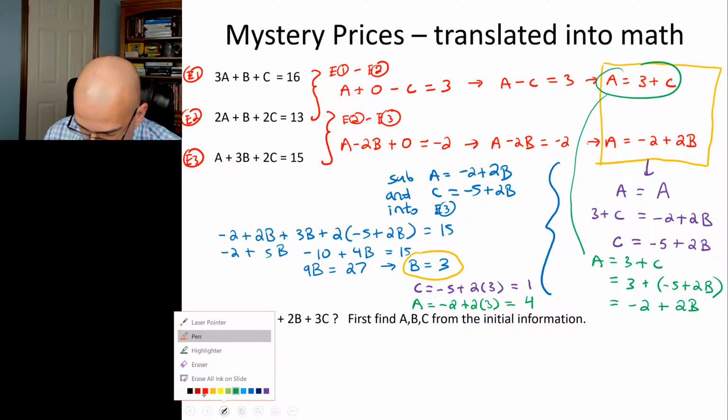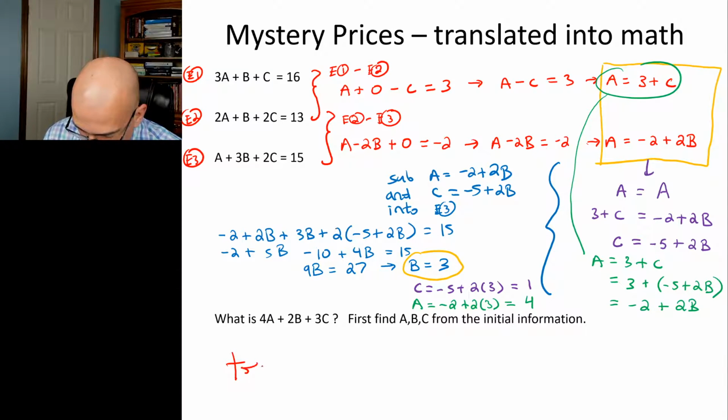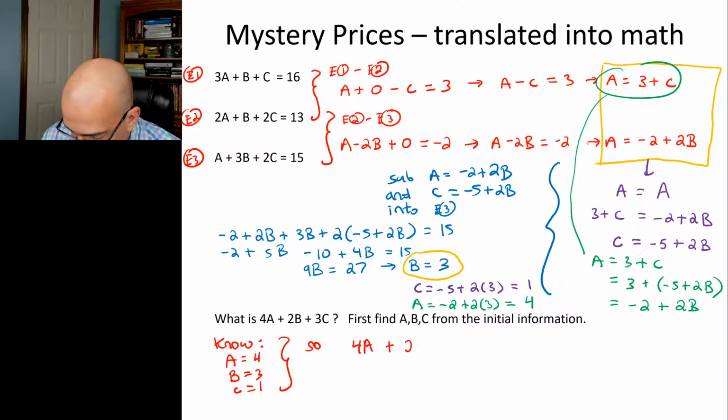So our grand solution. We know that a equals 4, b equals 3, c equals 1. So 4a plus 2b plus 3c is going to be 4 times 4 plus 2 times 3 plus 3 times 1.